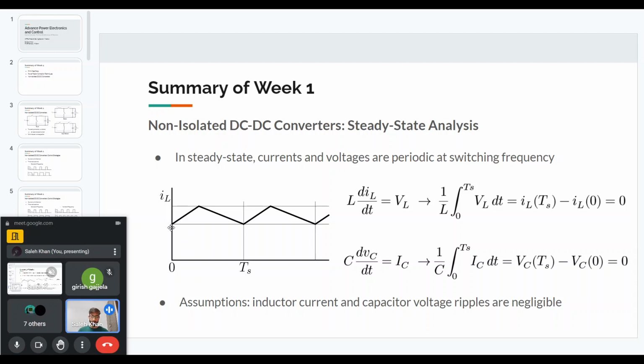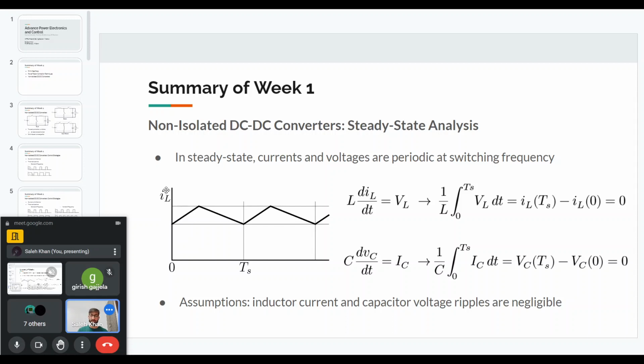For example, here I've shown the inductor current, and it is in CCM, continuous conduction mode. If I take any point, let's say the 0 point on the time axis, then after a switching period of Ts seconds, my inductor current reaches the same point as it had started.